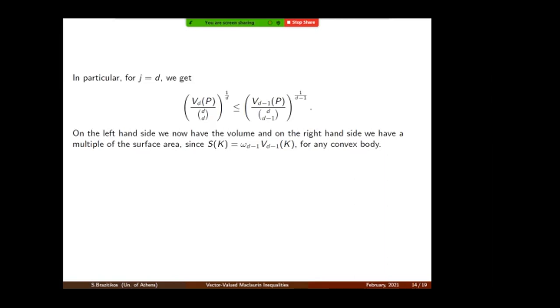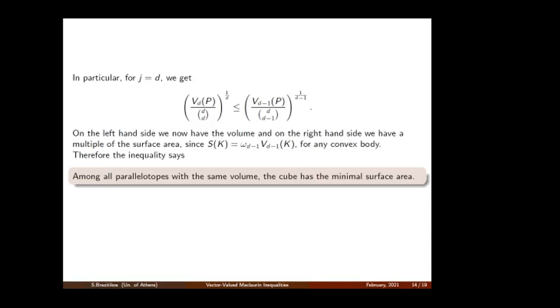Therefore, in this particular case where j equals d, we have a nice isoperimetric type inequality, which says that among all parallelepipeds with the same volume, the cube has the minimal surface area.